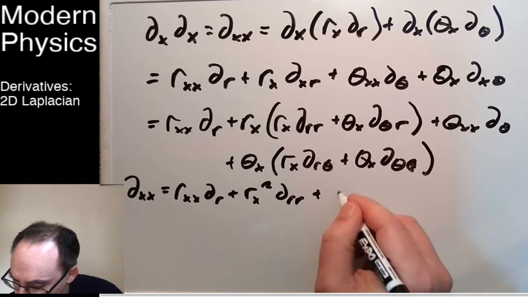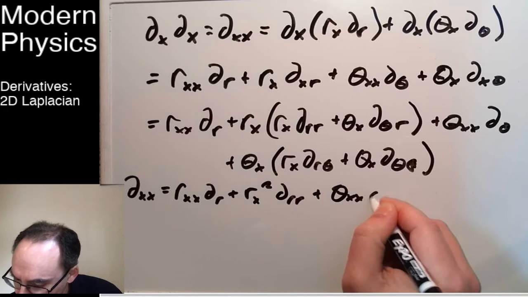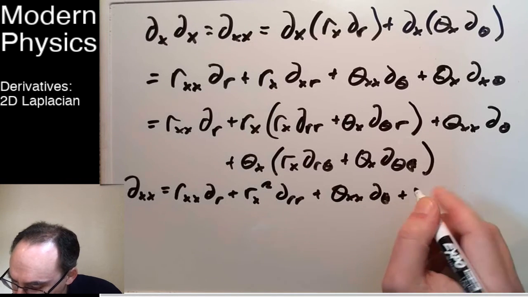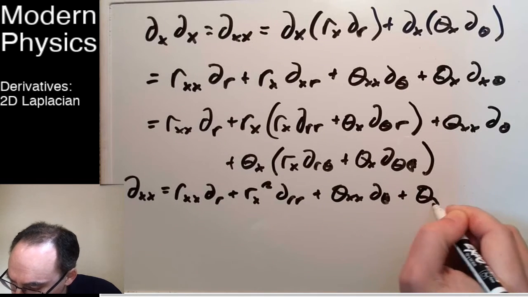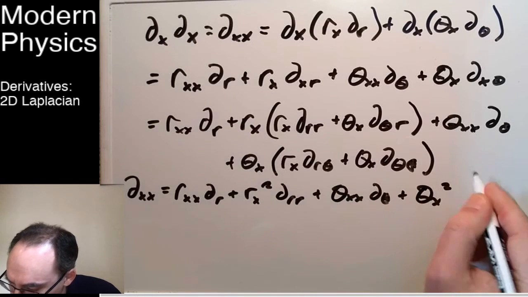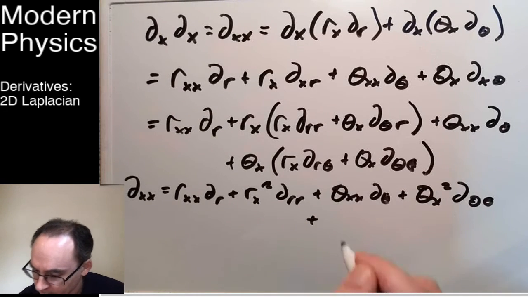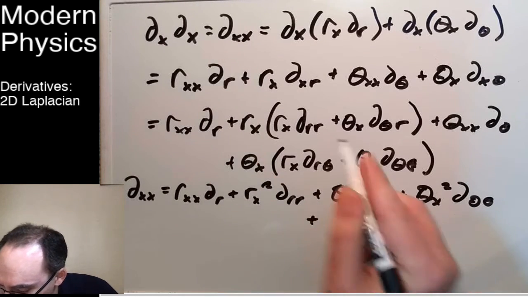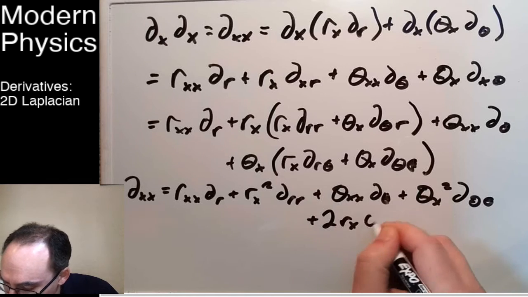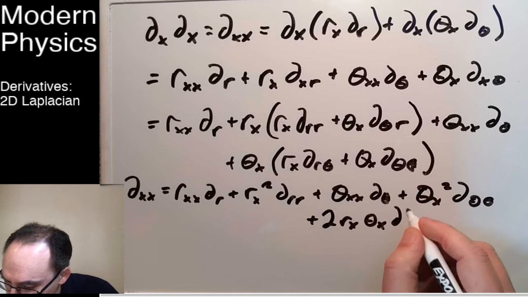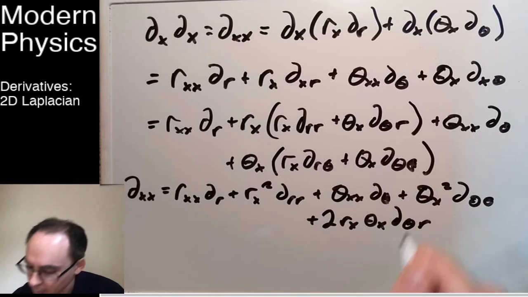So I'm going to write this term θ_xx ∂_θ plus θ_x squared ∂_θθ, and then the terms that I'm going to combine, there's 2 of them, so there's 2 r_x θ_x and then this mixed derivative, ∂_θ ∂_r.